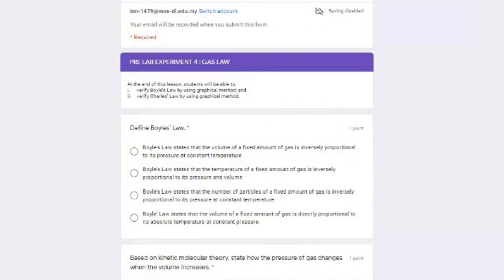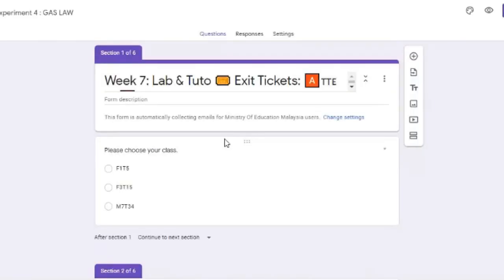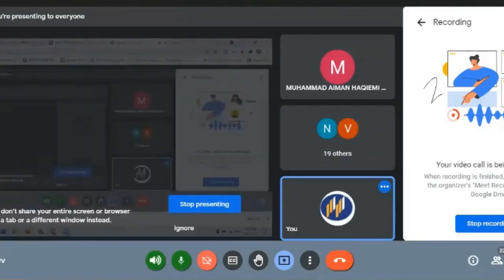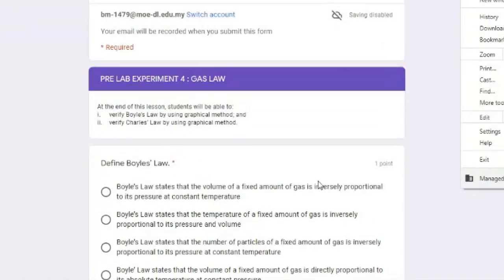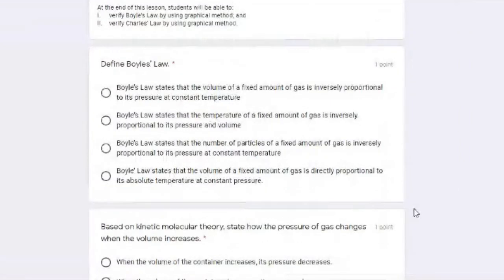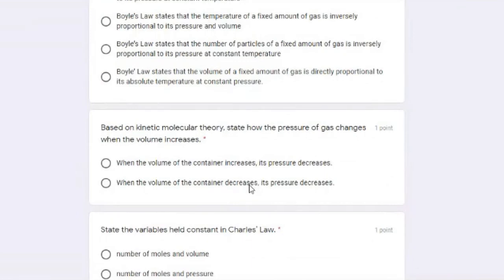Define Boyle's law. I think this one is clearer. Which one is the answer? A. Okay. Then this one, based on kinetic molecular theory, state how the pressure of gas changes when the volume increases. Inversely proportional.